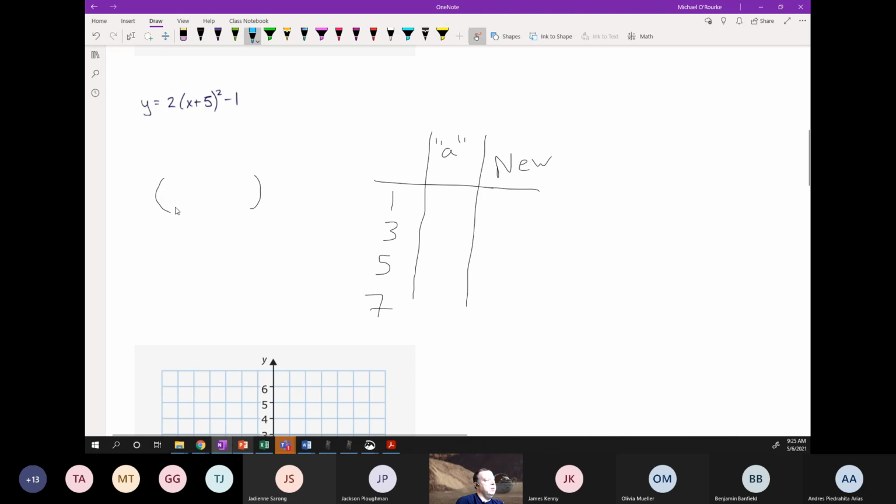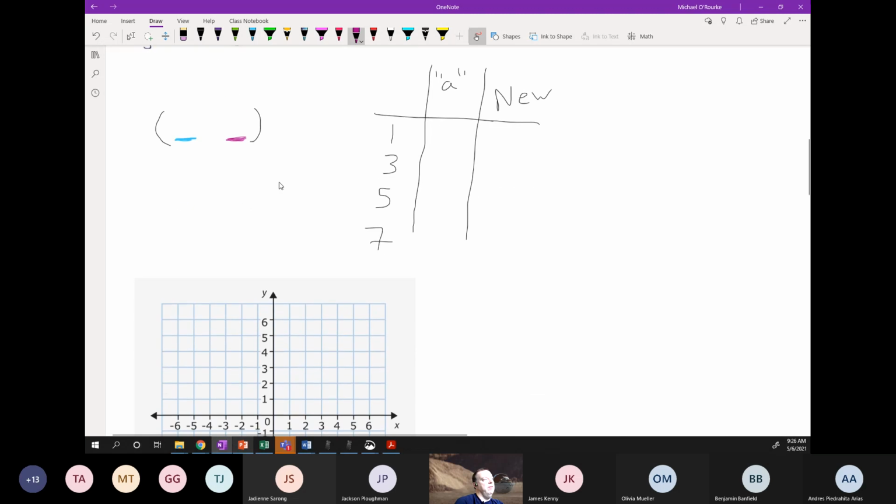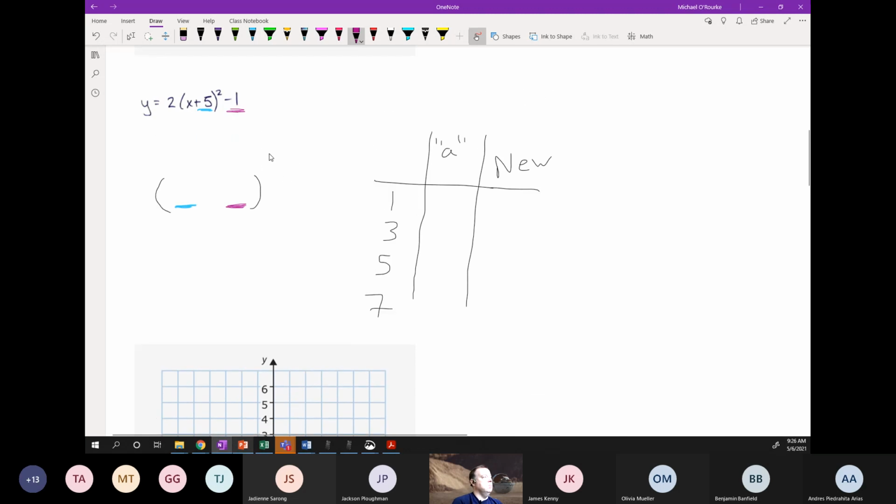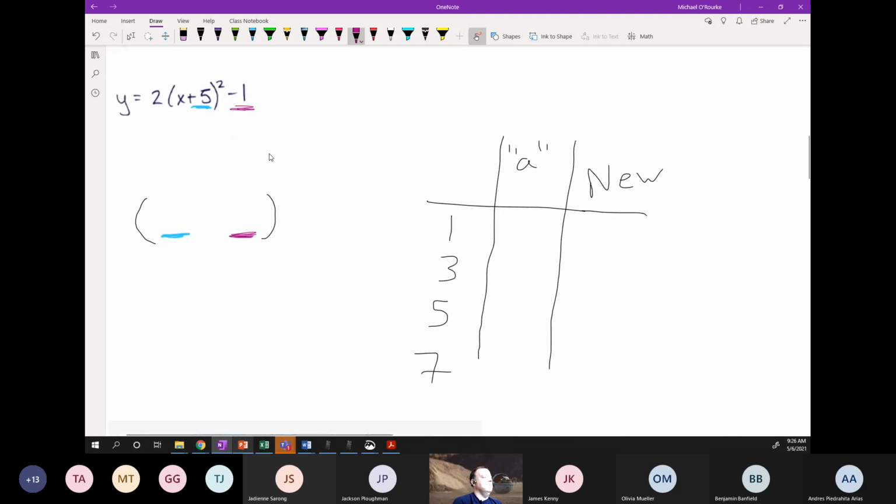So what I would do first is I'm going to figure out my x coordinate of my vertex, which is this line. I'm going to figure out the y part of my vertex, which is this. I'm going to do that first and then graph it. So who could tell me what is the x coordinate of my vertex?